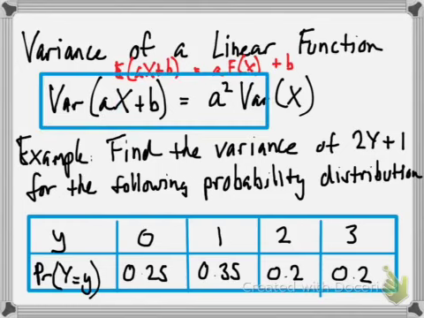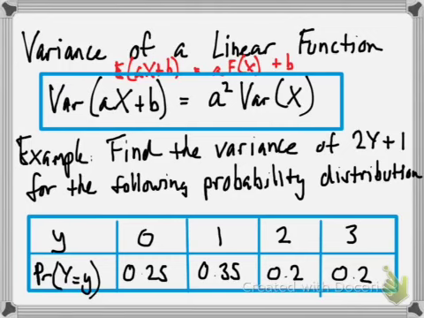If I just highlight this one here, the variance of aX plus b equals a squared times the variance of X. Notice how the b drops out. That's a big difference. And in past experience, I've had students get those two confused. So please, one's for expected value, one's for variance. But notice how with the second one, the b drops out.